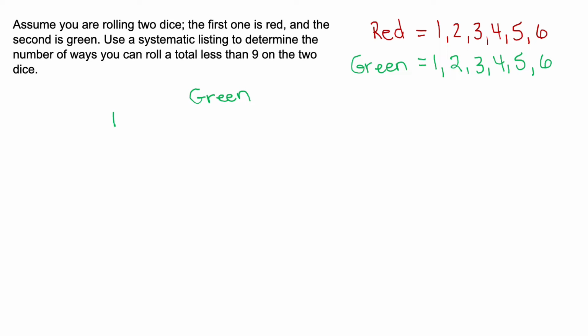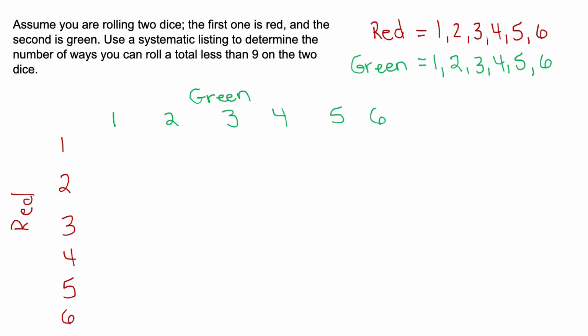So I have 1, 2, 3, 4, 5, and 6 on my die. And then on the red die, this is going to represent my rows. I have 1, 2, 3, 4, 5, and 6 sides.